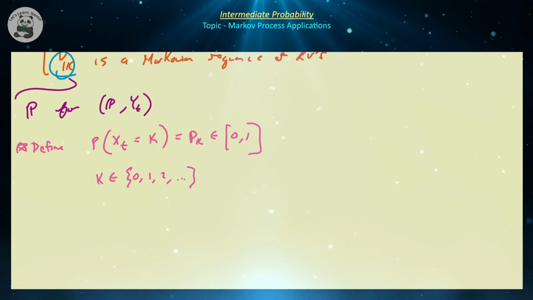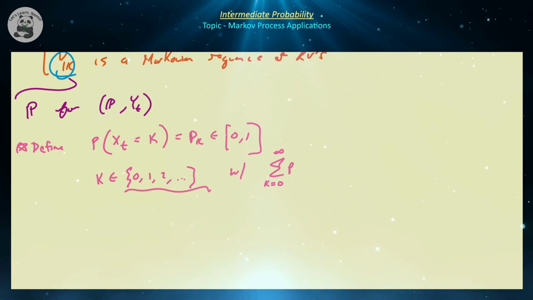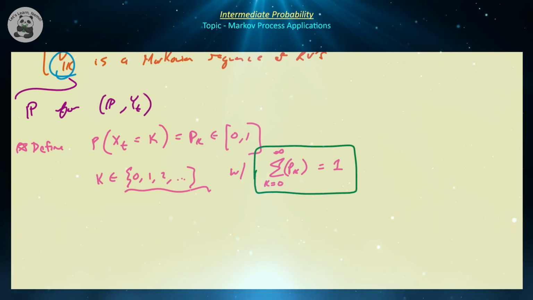And since this is an unbounded interval, we need the sum from k equals 0 to infinity of p_k to be equal to 1. So a nice candidate to model the probability for X_t would probably be a Poisson or something related to that: discrete, bounded below by 0 and unbounded above.